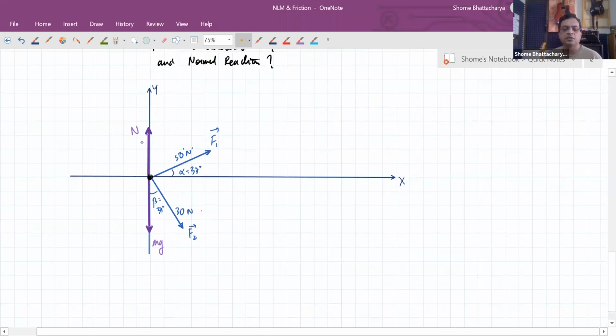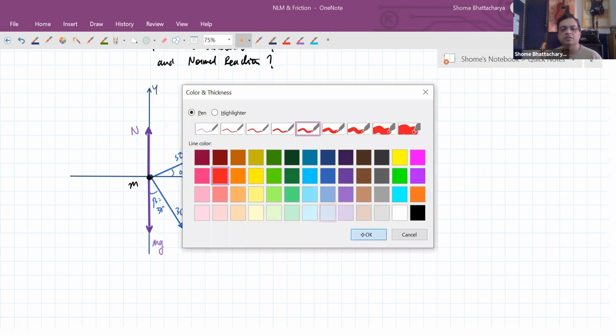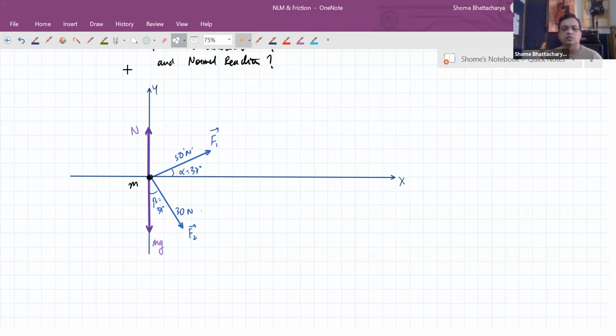And under the action of all this, the point mass, which was 10 kgs, should have an acceleration in this direction. Its acceleration A will be in the horizontal direction. Okay.